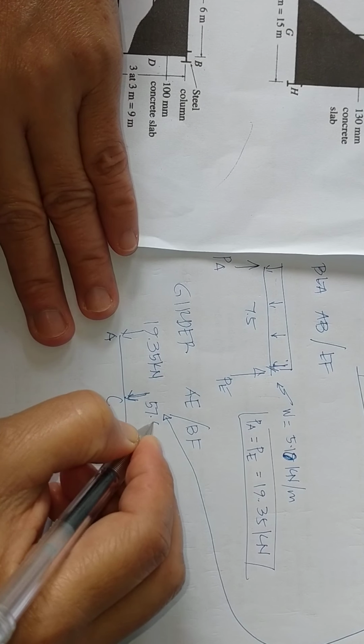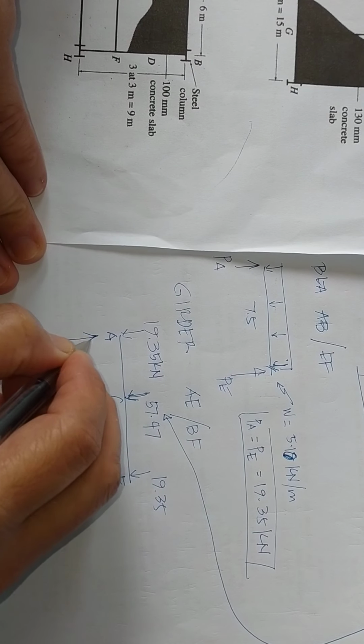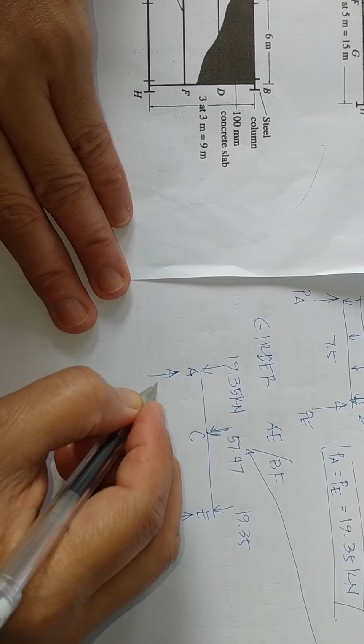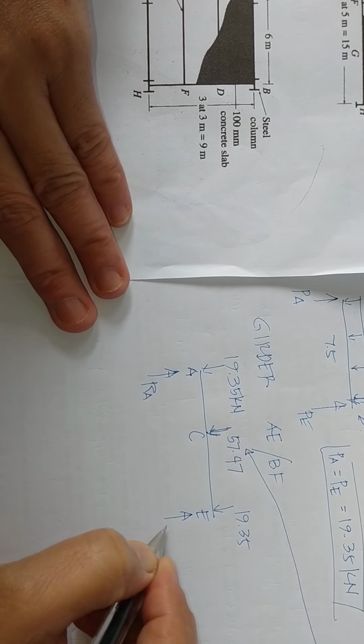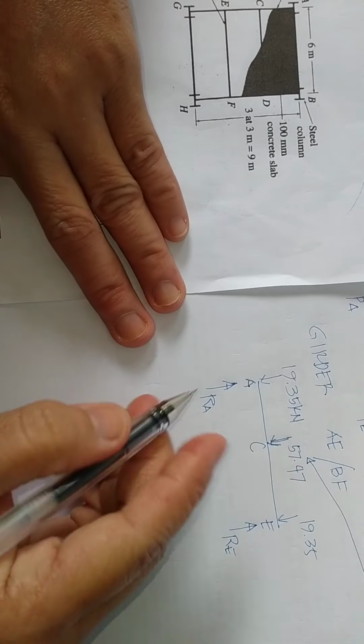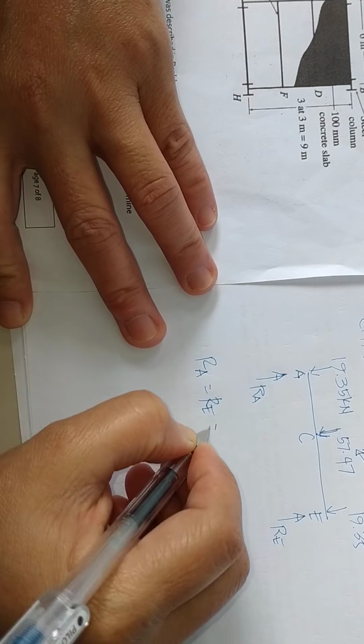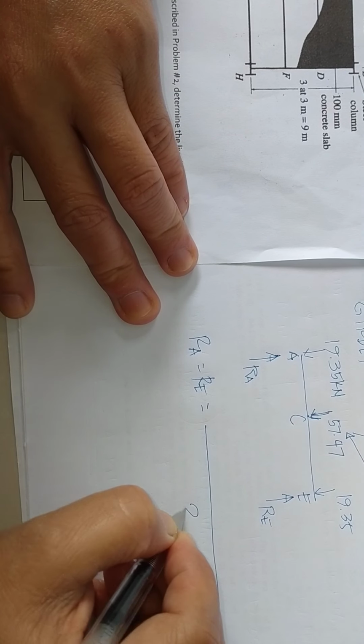This is 57.47. So the reactions in the columns, reaction at A, reaction at E, RA is equal to RE because it is symmetrical, over 2.